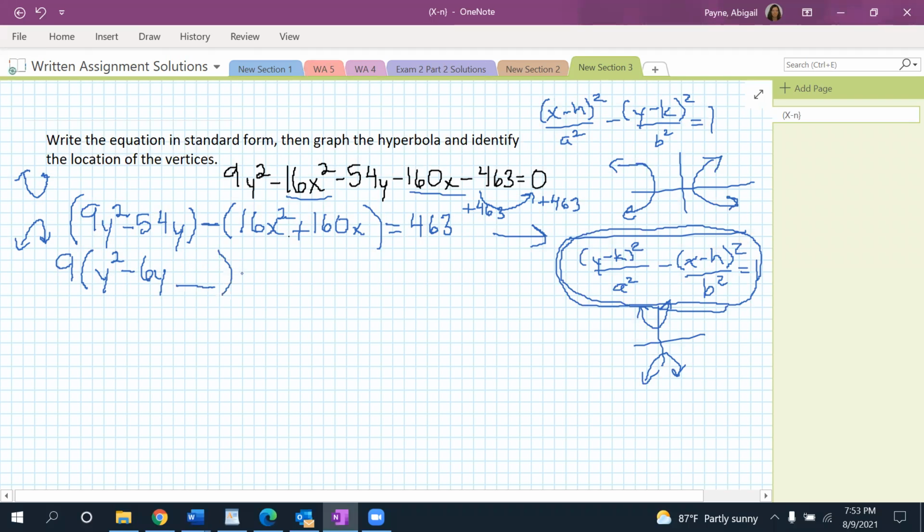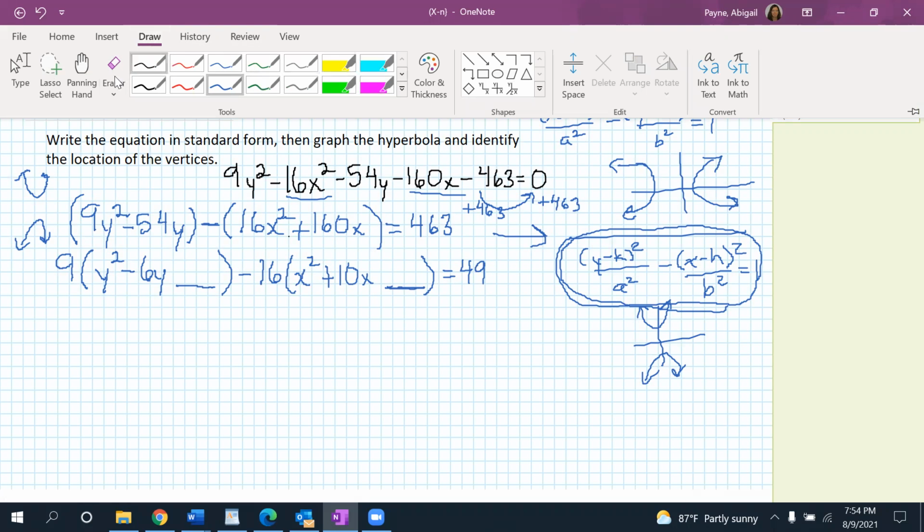Same story here: I need just 1x squared, so 1 needs to be the leading coefficient. I need to factor out 16, which leaves me with x squared plus 10x, and again I leave a little room for completing the square. Equals 463.